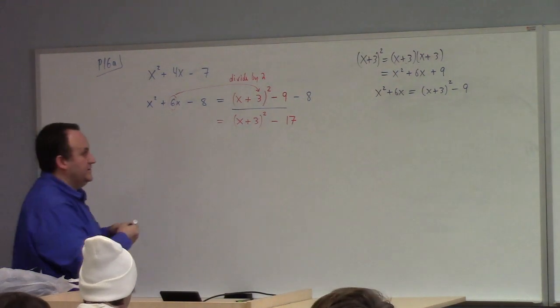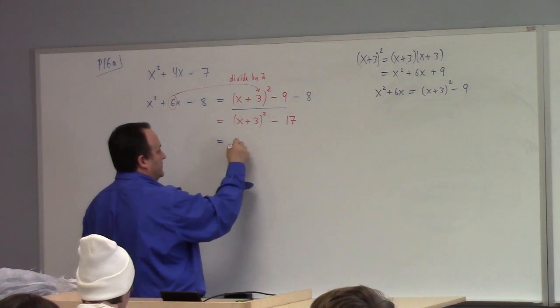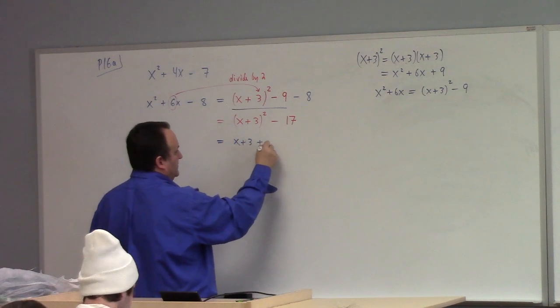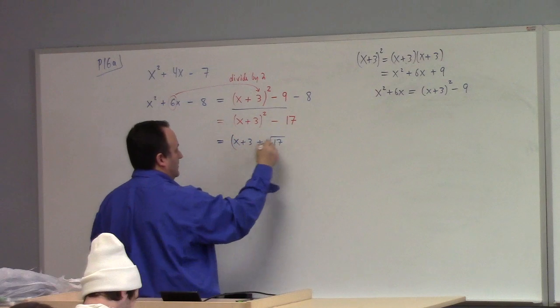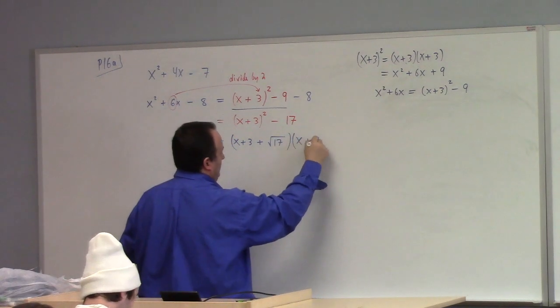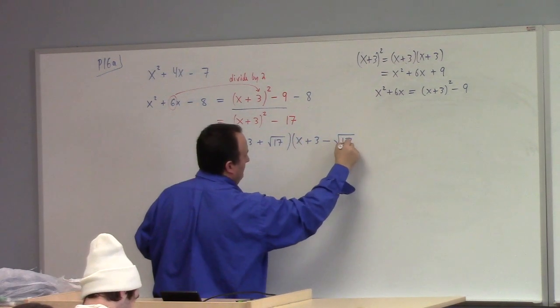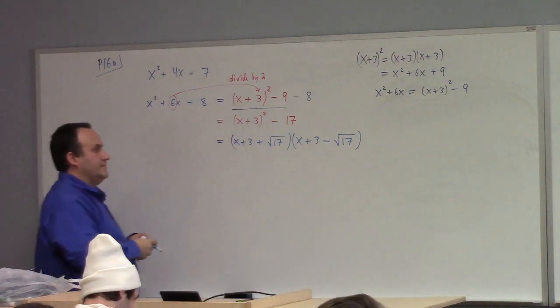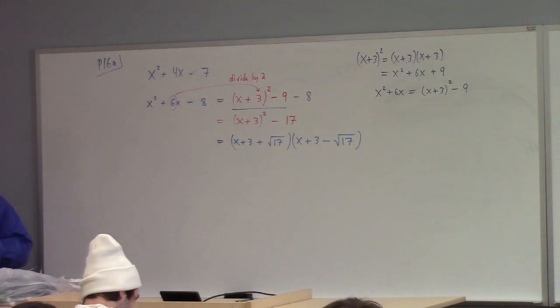We can factor that. How do we factor it? Just like this. x plus 3 plus the square root of 17, times x plus 3 minus the square root of 17. And that's how that factors.